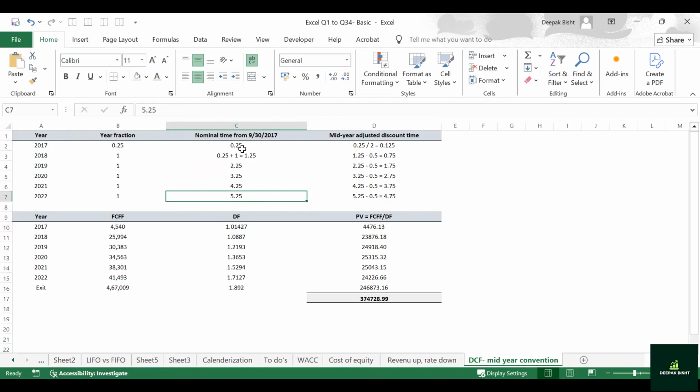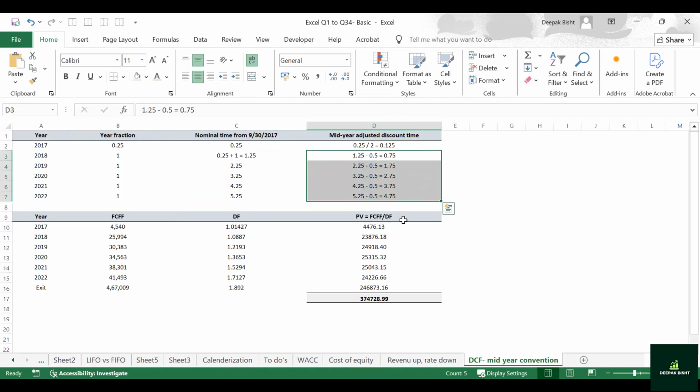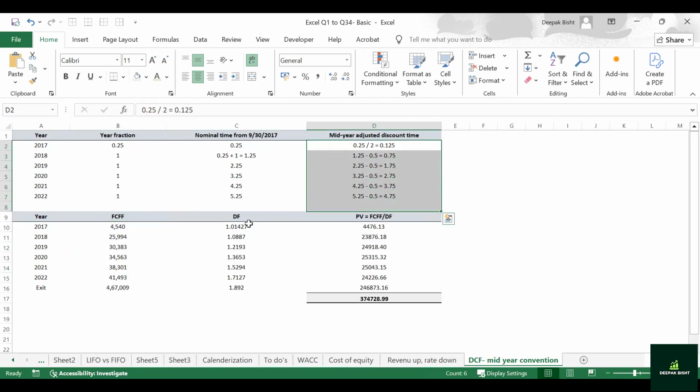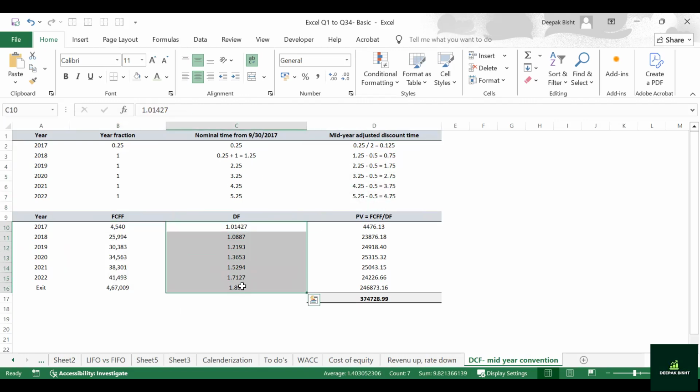But when we use mid-year convention, for the first period we divide by 2, and for the later years we subtract 0.25. So now this is the mid-year adjusted discount time. Using this time, this was the cash flow, and using this time, I have calculated the discounting factor.